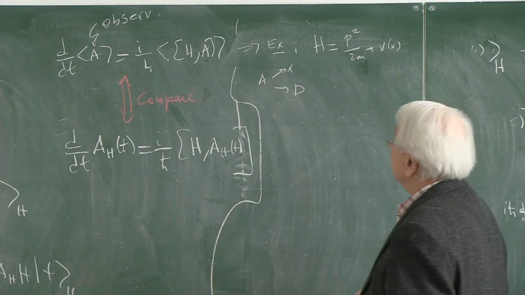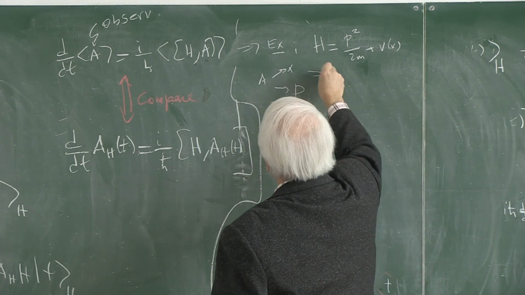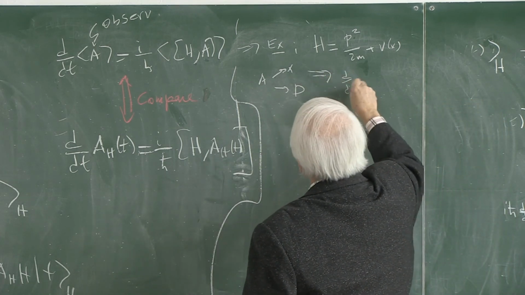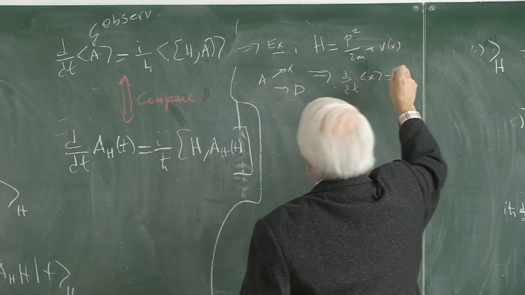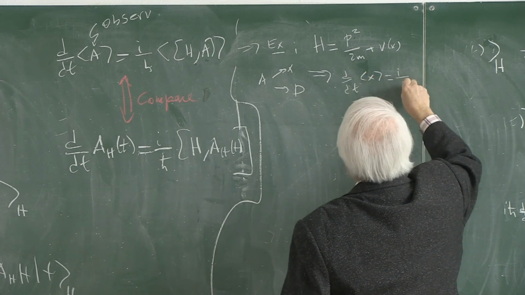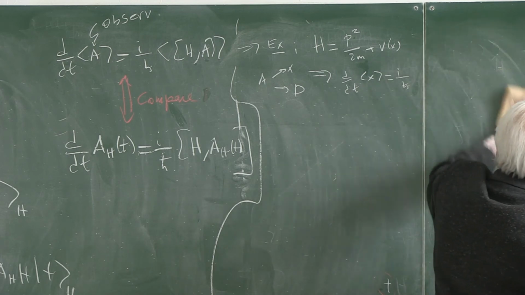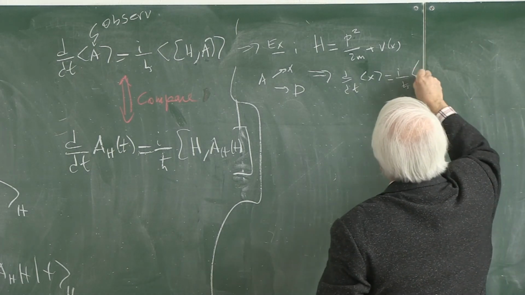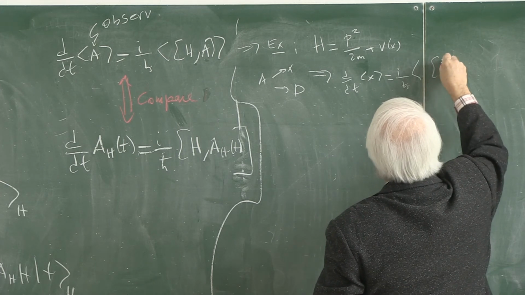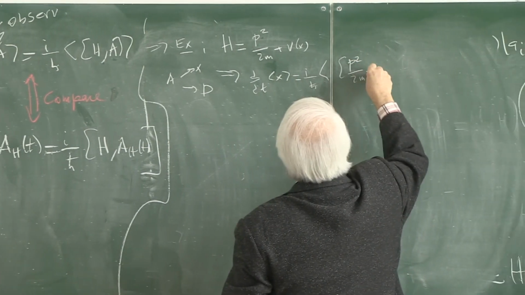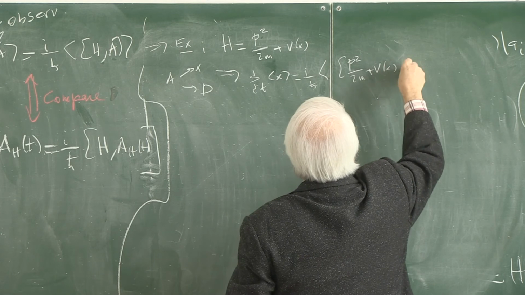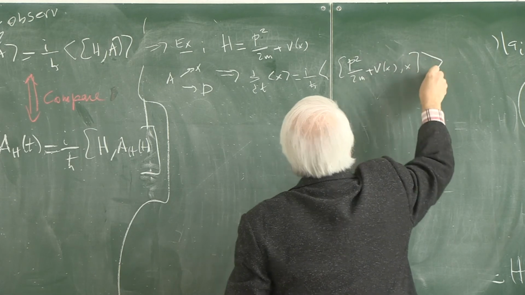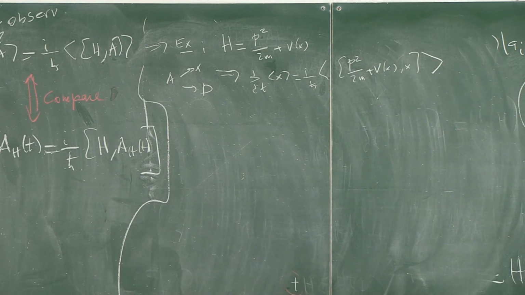So let me write the x first. d by dt of x is i over h bar times the expectation value of the commutator of p squared over 2m plus V of x, and x. That's the right-hand side.